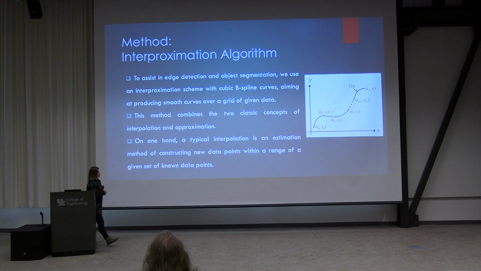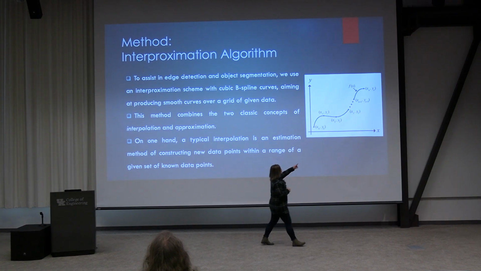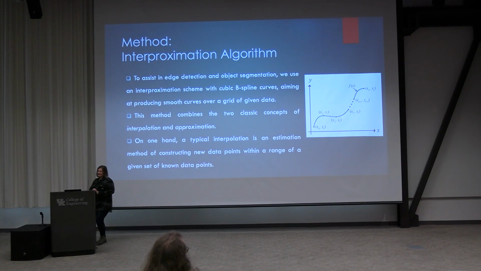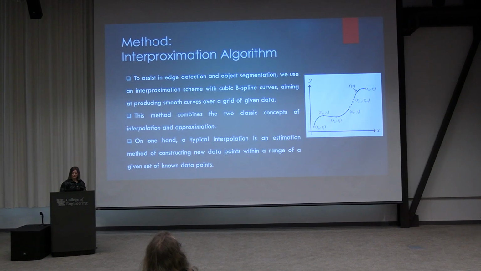So here would be an example. You have 5 points, and you want to compute points in between those points. Those are the separate dots on the curve. You would use an interpolation technique to do that.